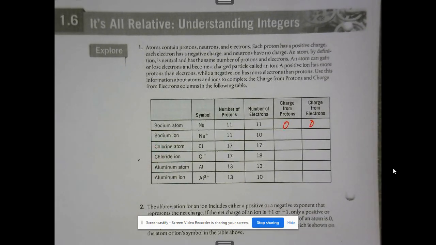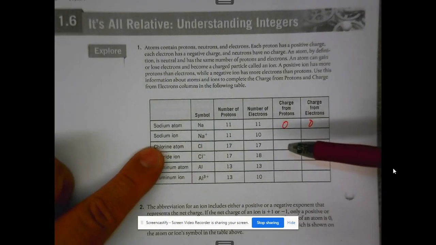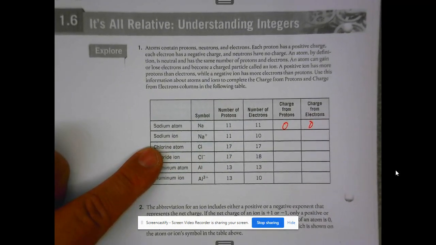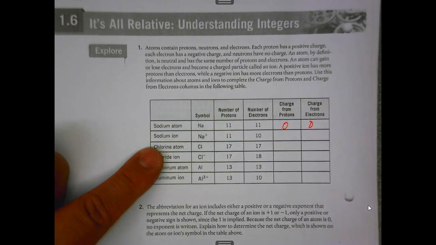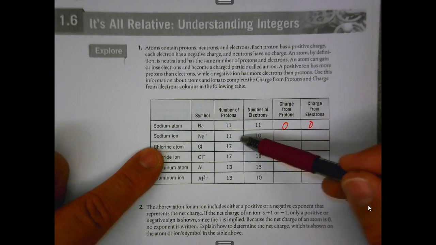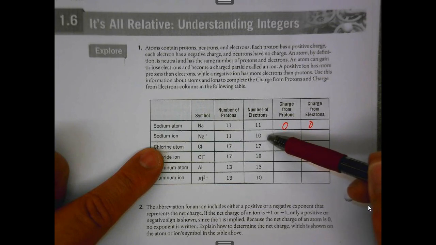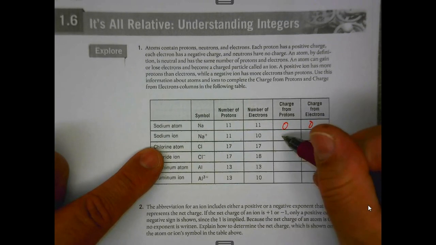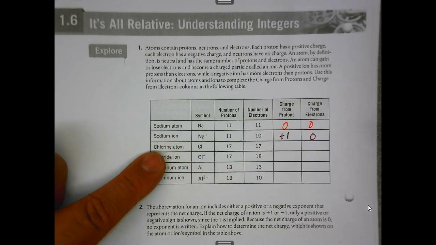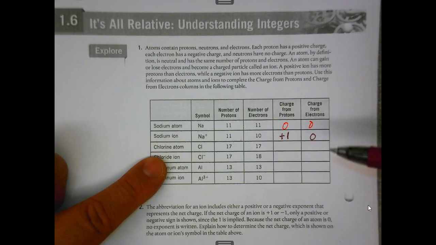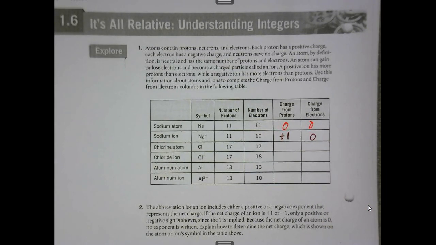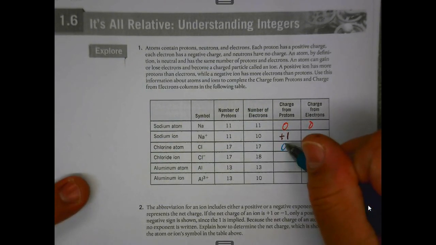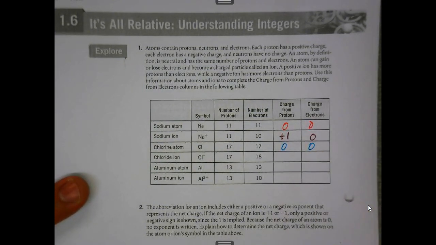Now, this sodium ion has 11 protons, 10 electrons, so it's going to have a +1 here from the protons, while still nothing from the electrons. The chlorine atom is all neutral, so I'm going to put zero charge from electrons and protons.